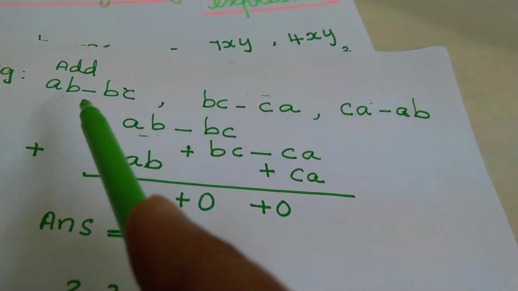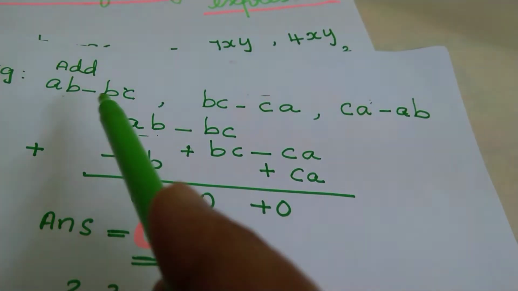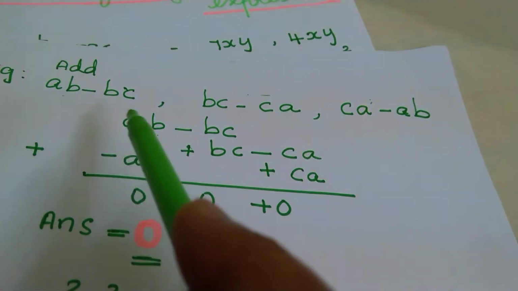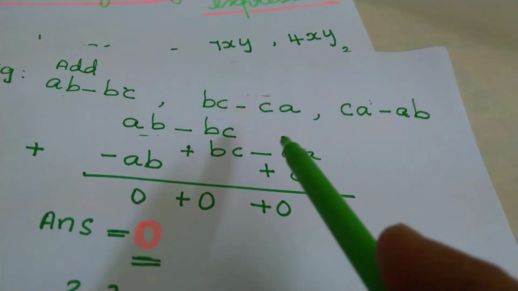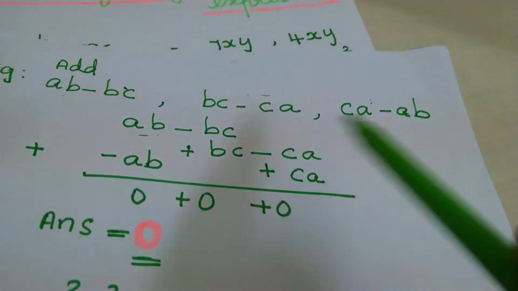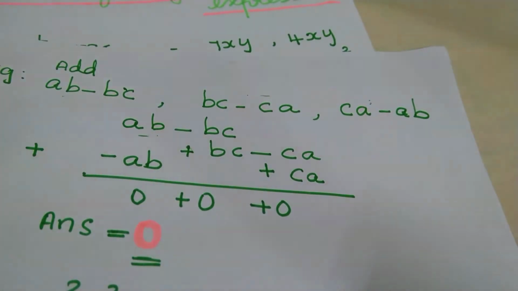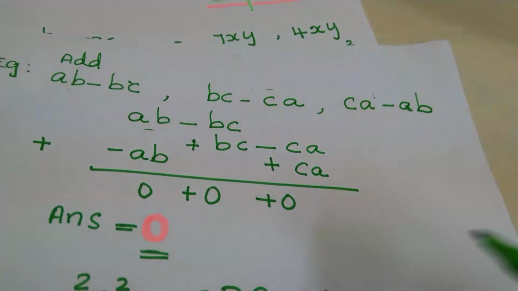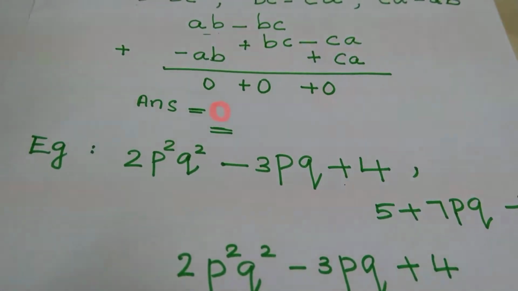So the sum of these three expressions is 0, we can say. That is its answer. Now consider the next example.